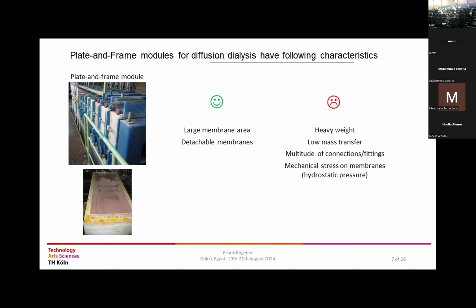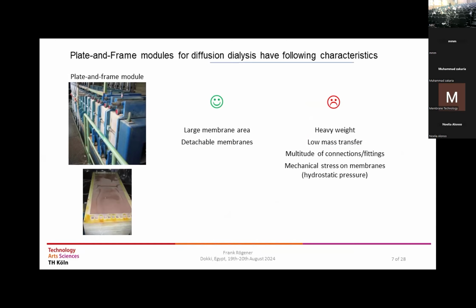The advantage is quite clear. Using a plate and frame module, we have the opportunity to exchange membranes relatively easily when we see that the performance is changing. And another thing is that we have a relatively large area. Concerning this graph that you see here, the membrane area is about 1 meter times 2 meters.